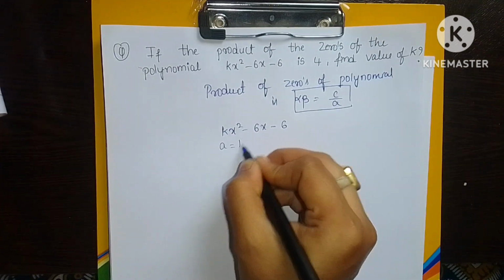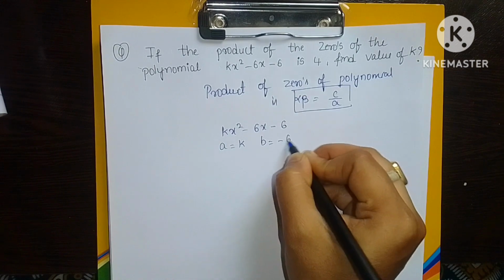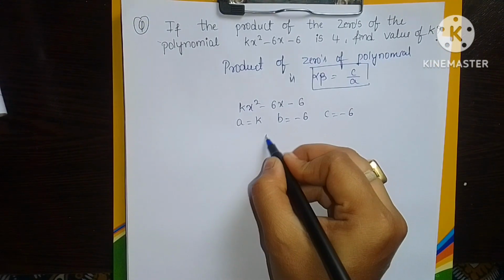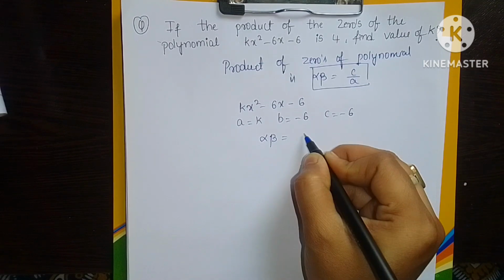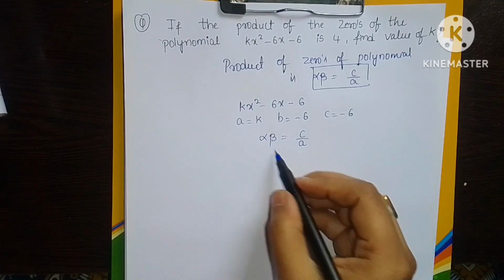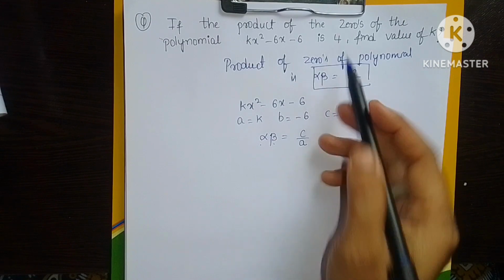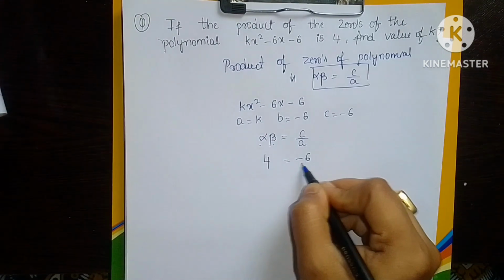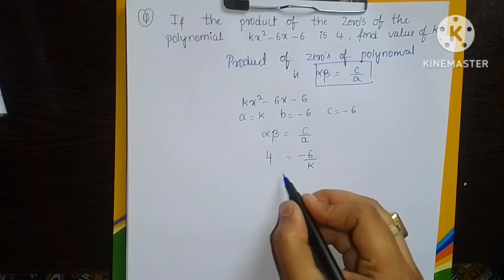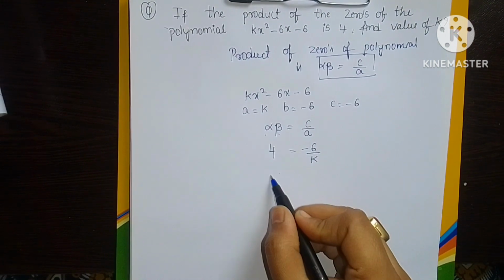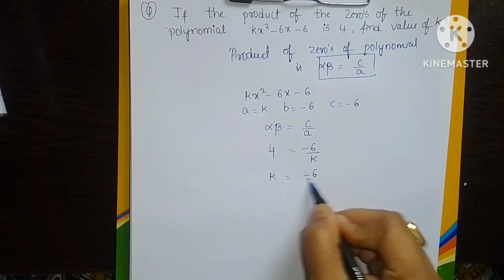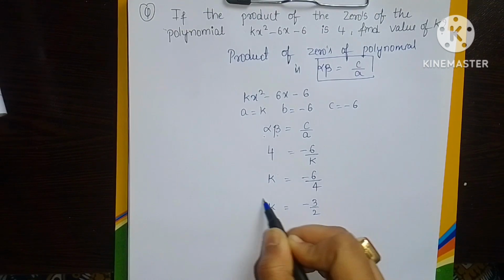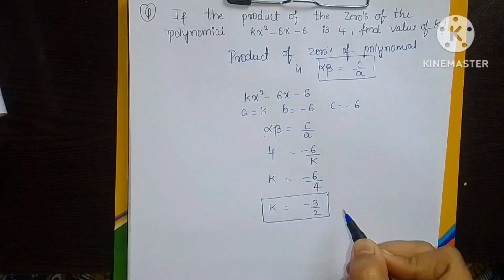So a is k, b is equal to minus 6, c is equal to minus 6. So alpha beta is equal to c by a. Alpha beta they have given as 4. So c is minus 6, a is k. So now let us find the value of k. So k is equal to minus 6 by 4. k is equal to minus 3 by 2. So this is the value of k.